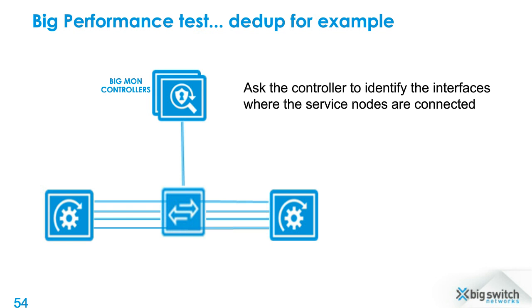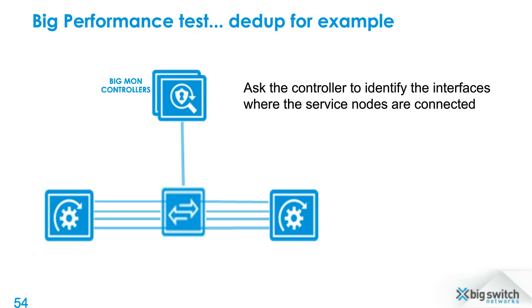So I have this application, and the application is written in Python. It's about 1,000 lines of code. Here's what the application does using the APIs on our platform. It talks to the controller, and it asks where the service nodes are connected topologically, which switches they're connected to.